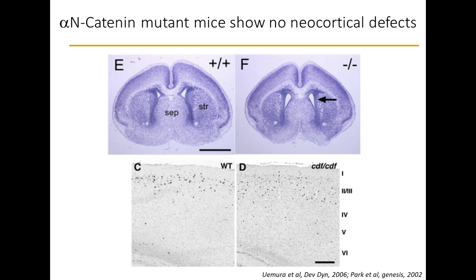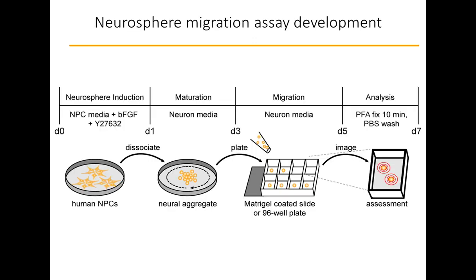BrdU birth dating during neurogenesis also showed a normal number of neurons are created and migrate to the proper location within the cerebral cortex. Therefore, we decided we needed to create a human in vitro lissencephaly disease model to understand how patients with these mutations develop the disorder.